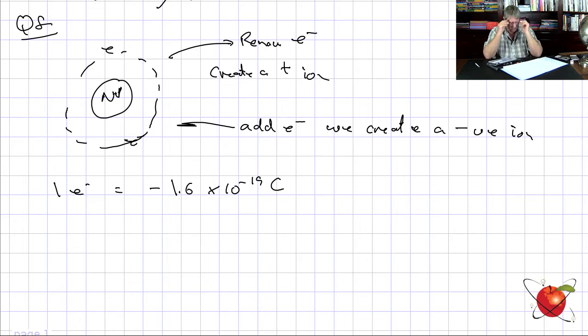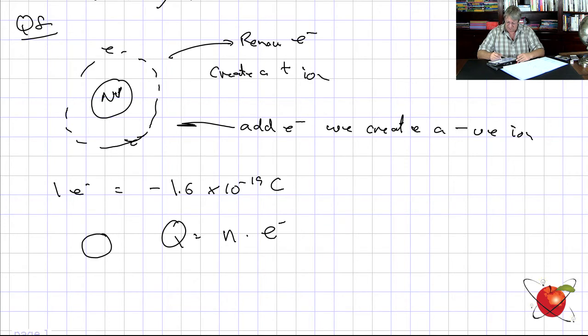An ion has a charge of minus 6.4. So here's our ion, and we say the charge is Q, equal to N times E. The charge in coulombs is the number of electrons times the charge on one electron. Why?